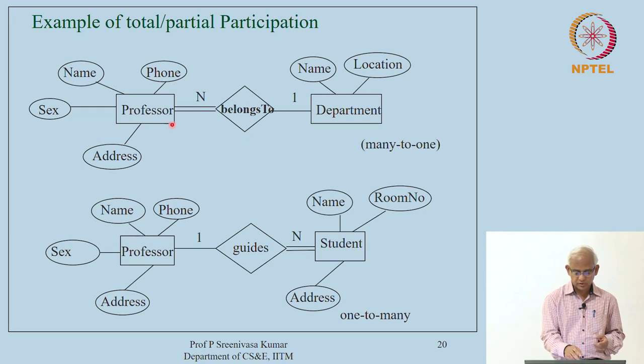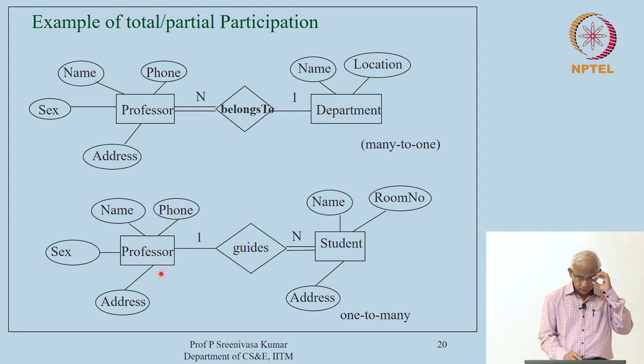That means every professor must appear in some tuple here. And earlier we said at most one, and now we are saying at least one. So together it becomes that he has to belong to exactly one department, he or she.